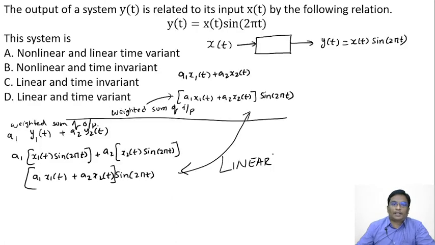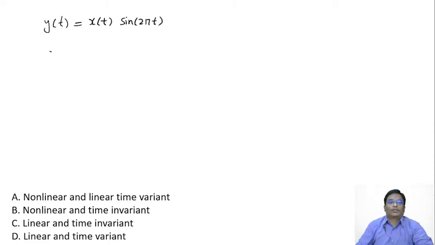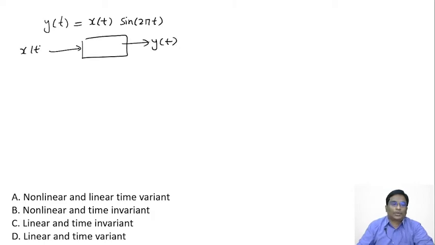And here let us check whether it is time varying or time invariant. Given the system y of t equals x of t into sine of 2 pi t, how do we check whether the system is time varying or time invariant? To delay the system, delay the input.